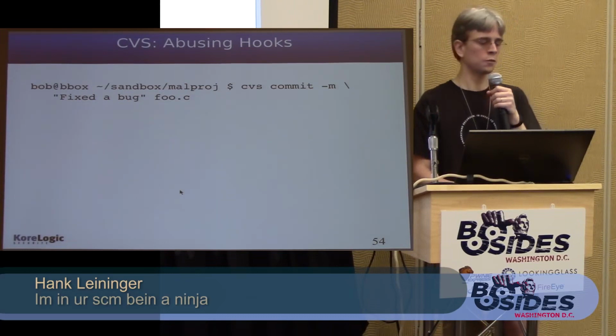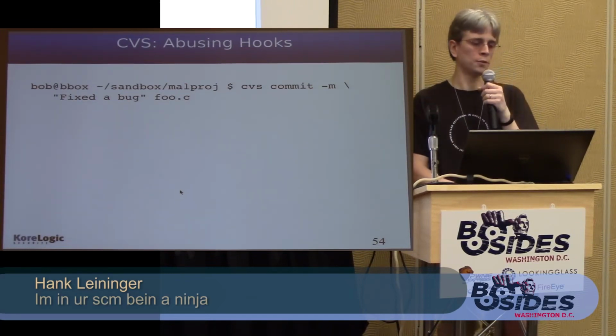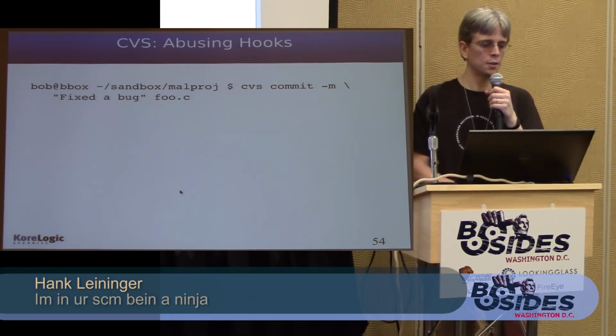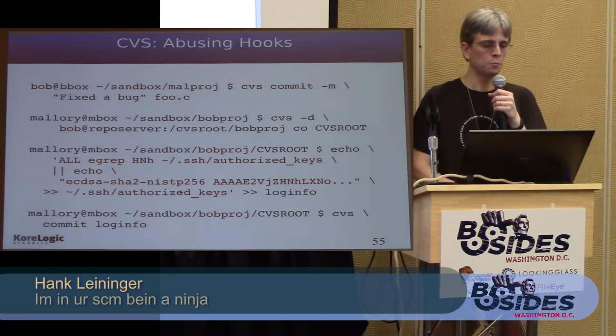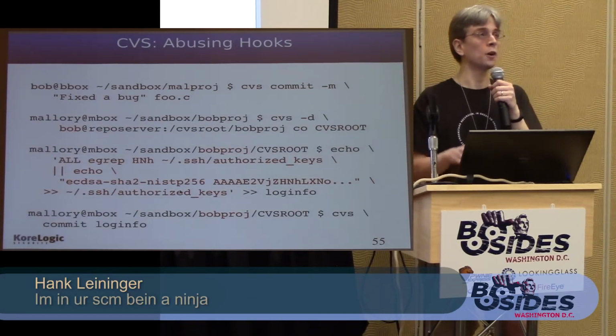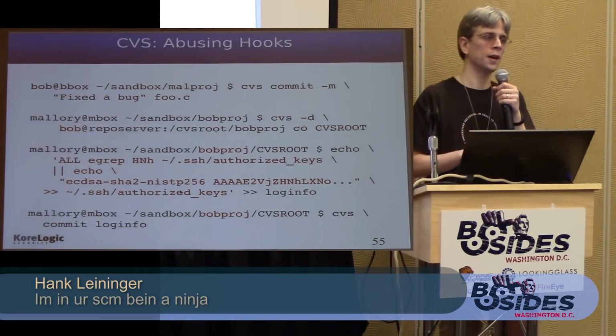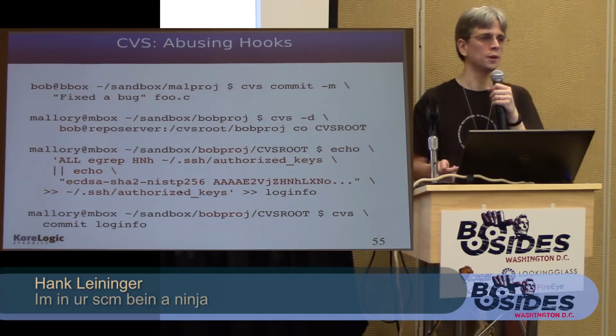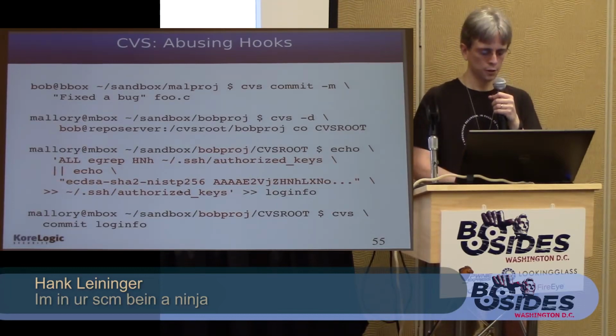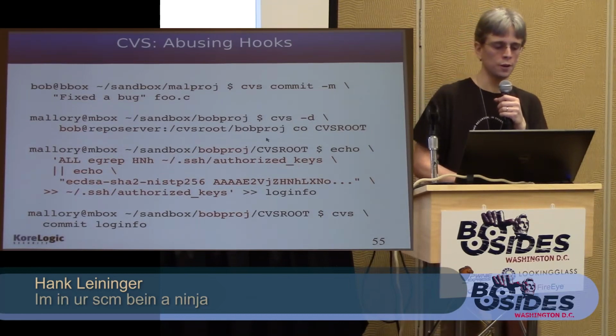Bob makes any kind of change in Mallory's repository and commits it. Now, Mallory's public key has been added to Bob's authorized keys file. So now Mallory can check out Bob's project, of which Bob is an administrator.